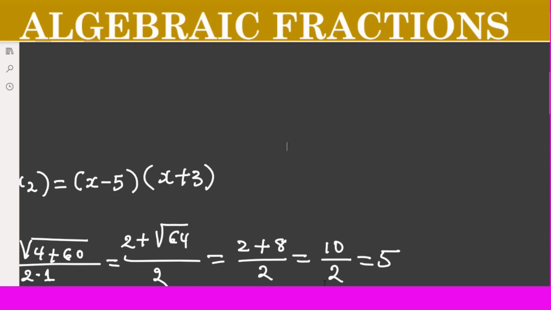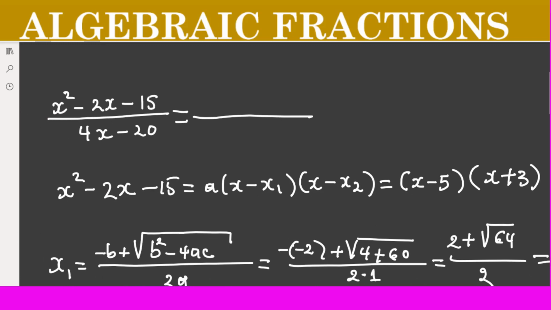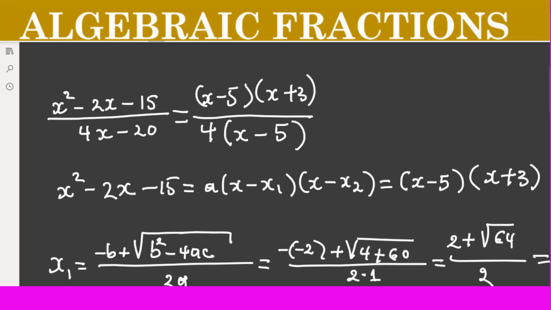Now we have factored this quadratic numerator. We have to write x minus 5, x plus 3 over, we factor here 4, factor 4, I put x negative 5, because these 4 and 5 give 20.